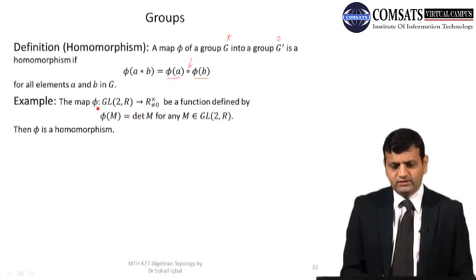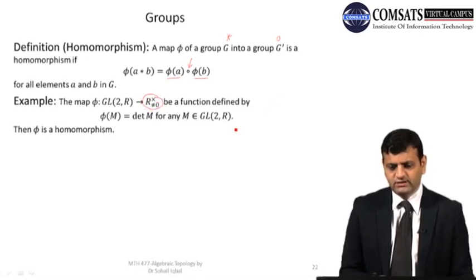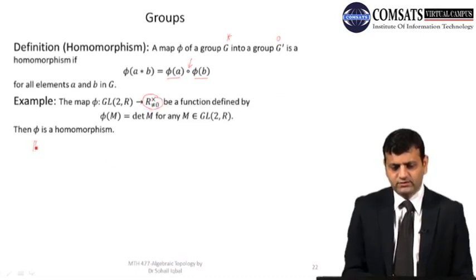So let's consider a map, a function phi from GL to R under multiplication. This means the set of real numbers under multiplication, and there exists no zero element. We are excluding 0 when we are considering the set of real numbers under multiplication, because 0 does not have a multiplicative inverse.